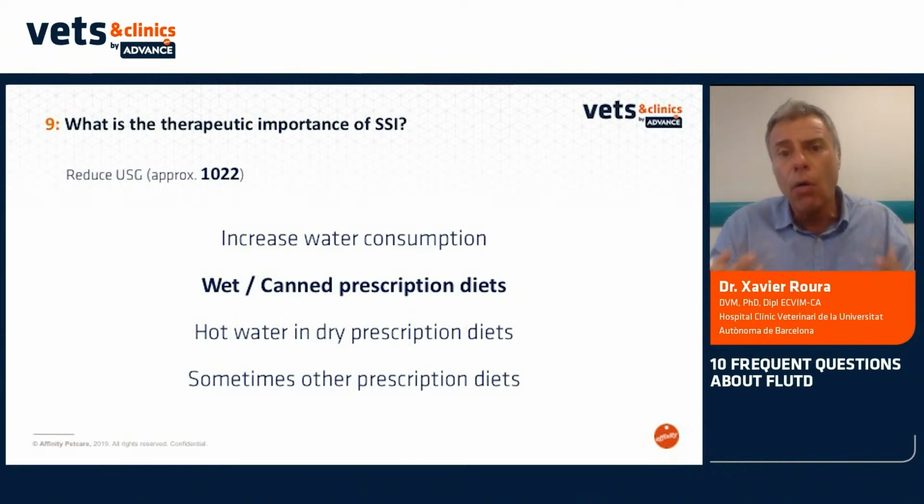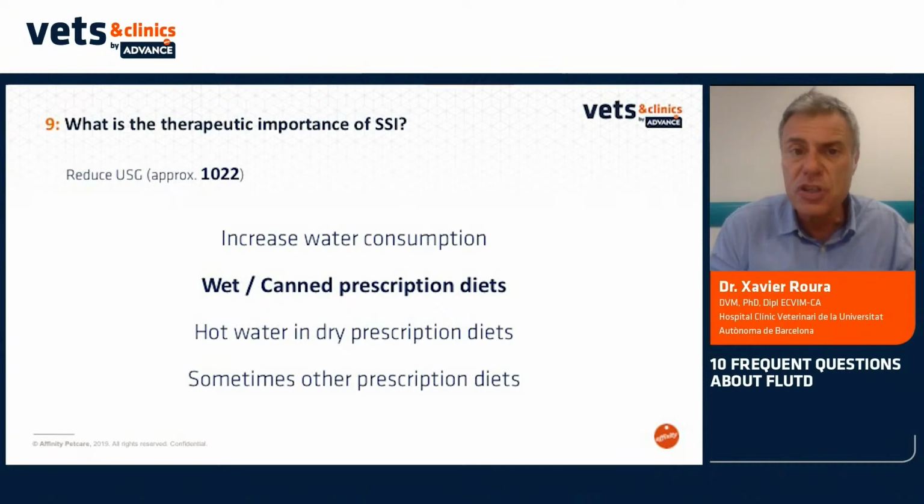This could allow the treatment of urolithiasis by reducing the urinary specific gravity. Sometimes it is not possible to change to a prescription diet for urolithiasis because the cat has other diseases that require other kinds of prescription diets, and most of these diseases are sometimes more important than the urolithiasis.